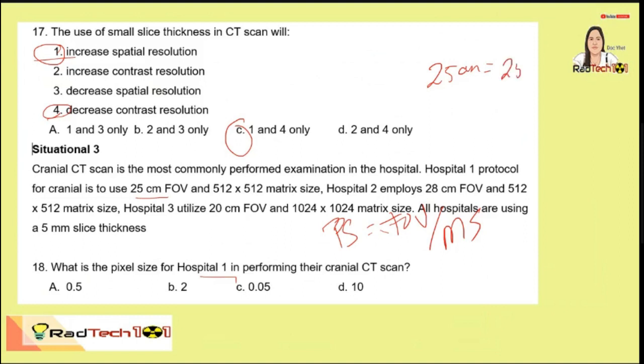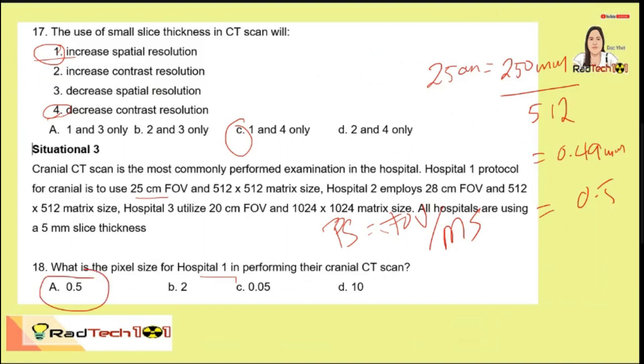So it is about 250 millimeter. And the matrix size is 512. So 250 divided by 512 is about 0.49 mm, or that is about 0.5. So this is the correct answer.